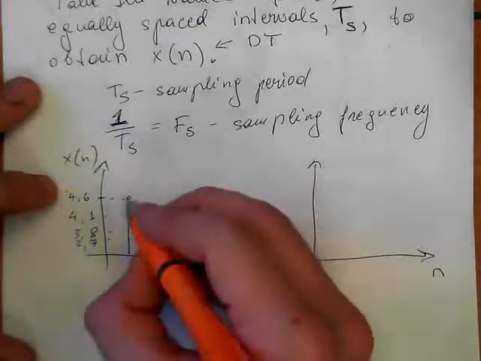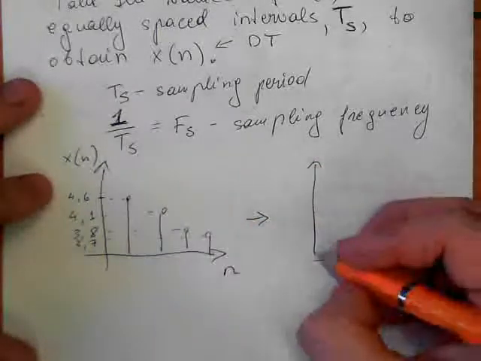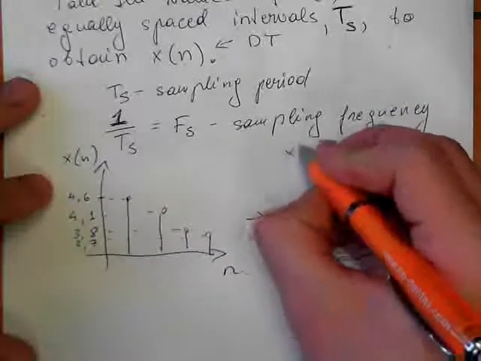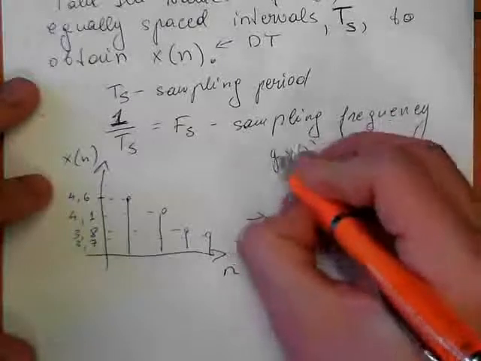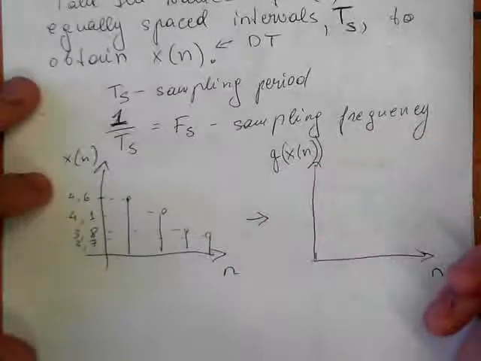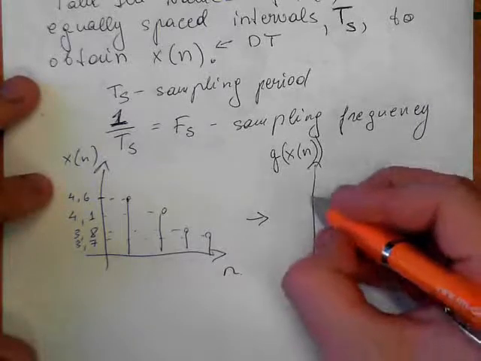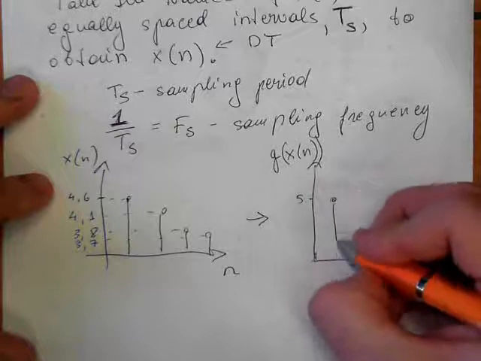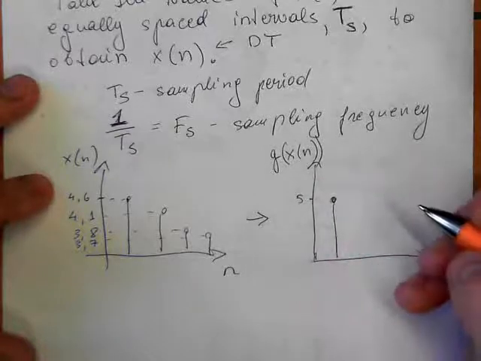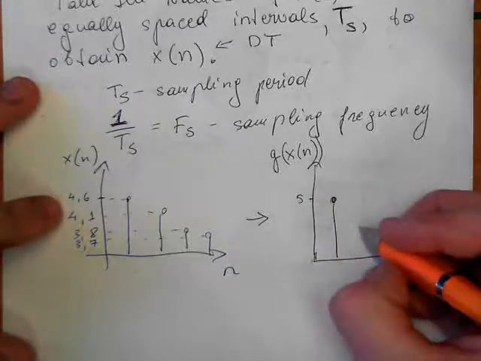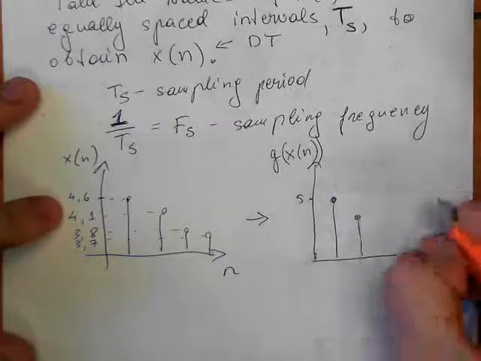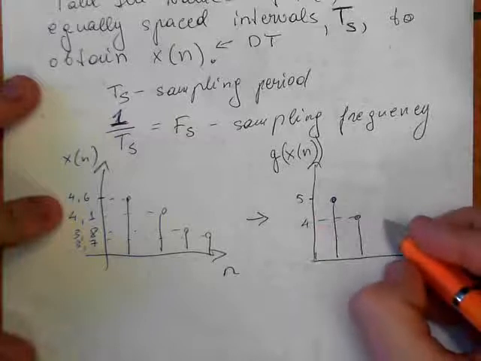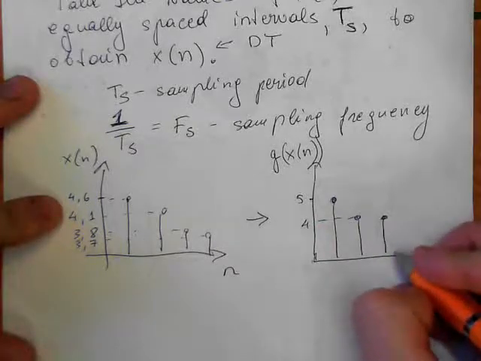This one gets the value 5, so you can write that it is the quantized signal, Q. So it increases. 4.1 gets the value 4. 3.8 gets the value 4.